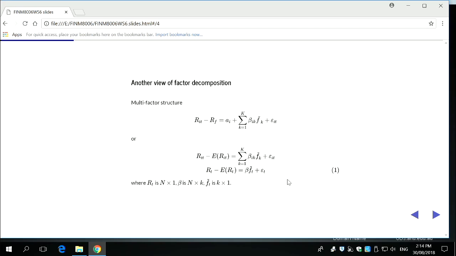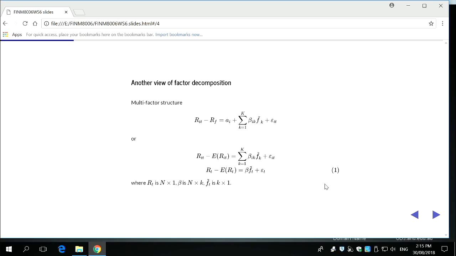Or in matrix form, I have this vector of excess returns, which is n by 1, equal to the matrix of betas, which is n by k, n assets and k factors, times this vector of F tilde at t, plus the error term. And this is true for any t.